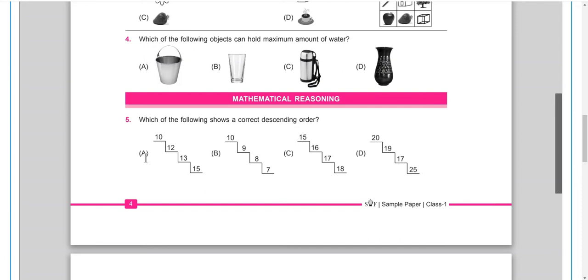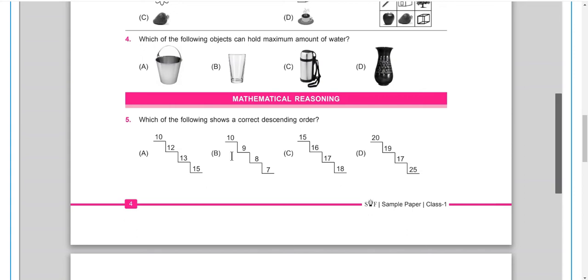We have A, in which the numbers are 10, then 12, 13 and 15. Is this in descending order? No, because 15 is coming down and 10 is coming above, whereas the highest number should be on top.